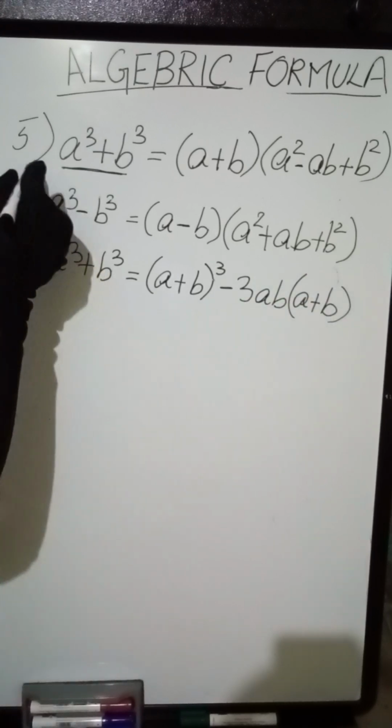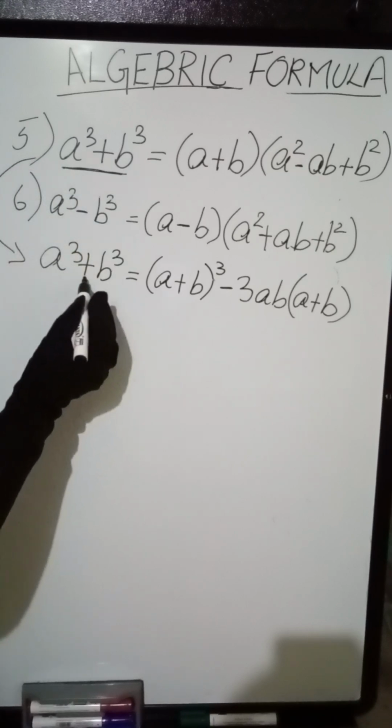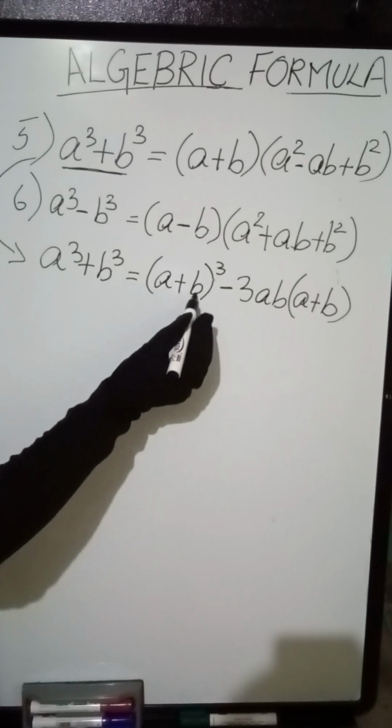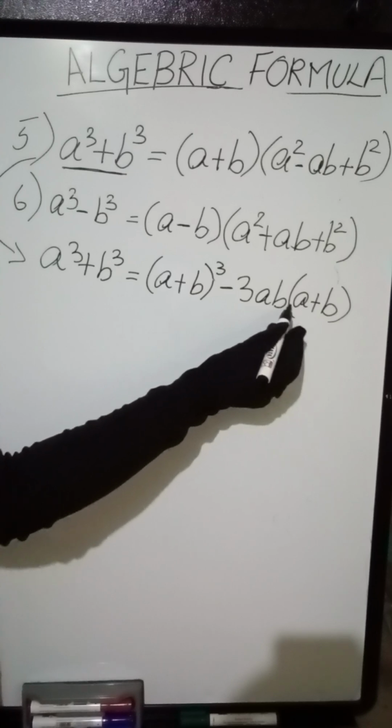So this formula can be also written as a cube plus b cube equals a plus b the whole cube minus 3ab into a plus b.